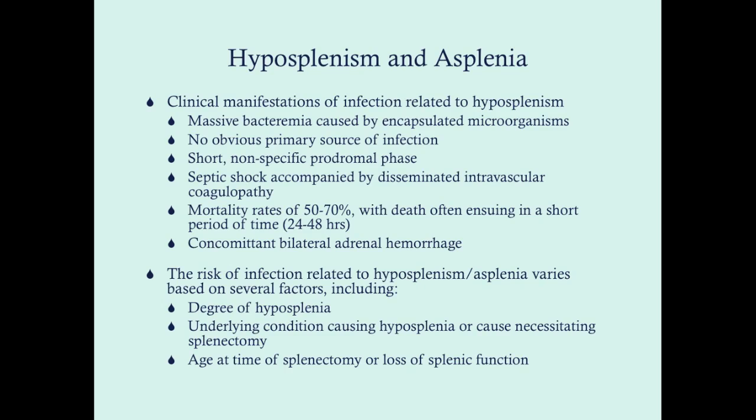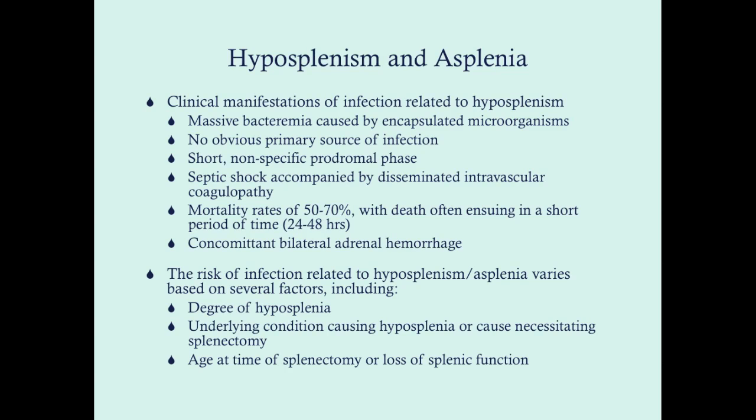And this holds true even beyond age 5. So it doesn't necessarily mean simply because they're young and don't have a spleen, and then when they get older they'll be better off. It is true that younger people who don't have a spleen are at higher risk than older people who don't have a spleen. However, they will continue to be at higher risk even when they pass age 5.